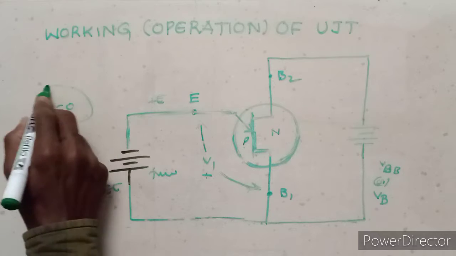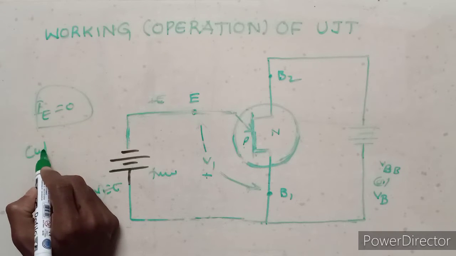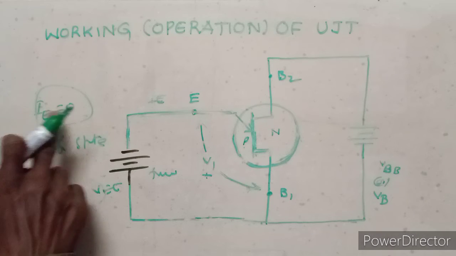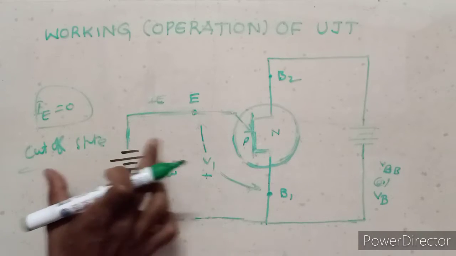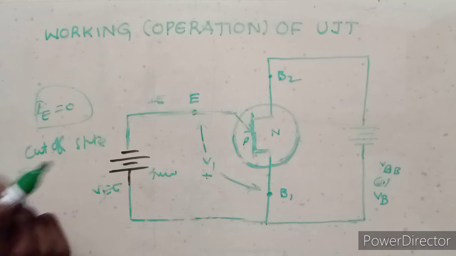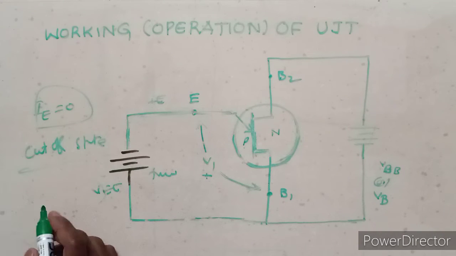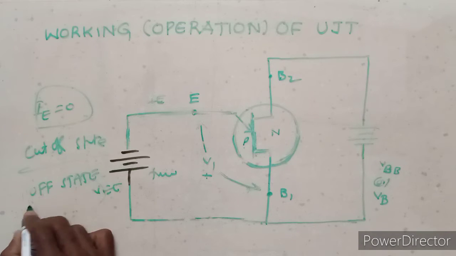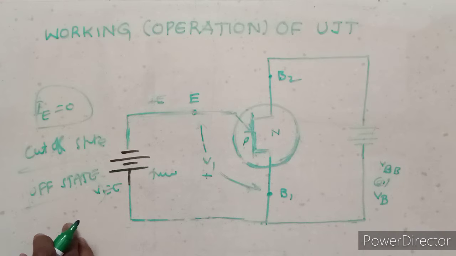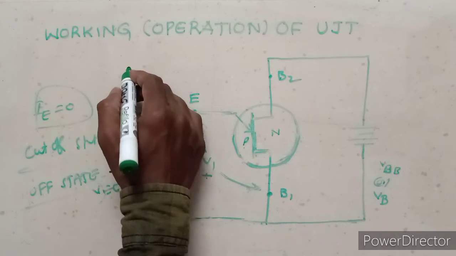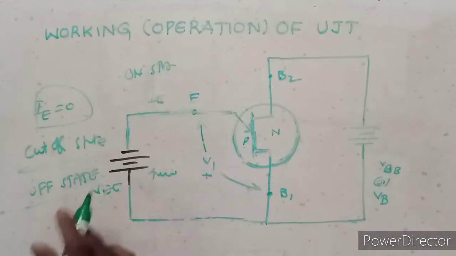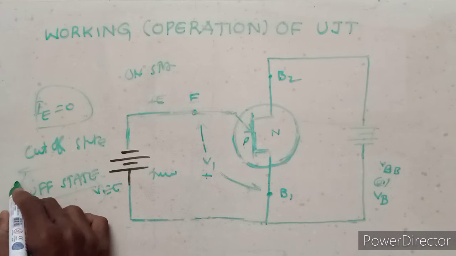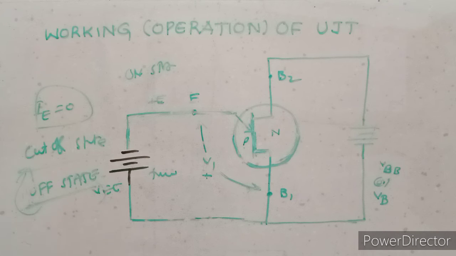In reverse condition, this is the cutoff state. When current is 0, that is the cutoff state, so the device is said to be in the off state. When positive voltage is applied, it is the on state; when negative voltage is applied, it is the off state. This is also the cutoff state.